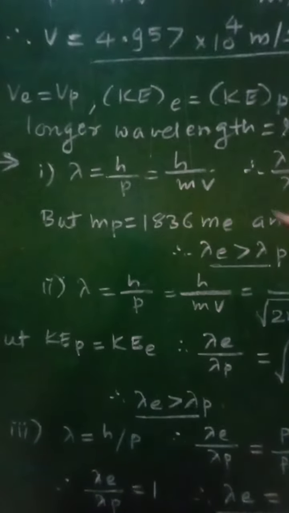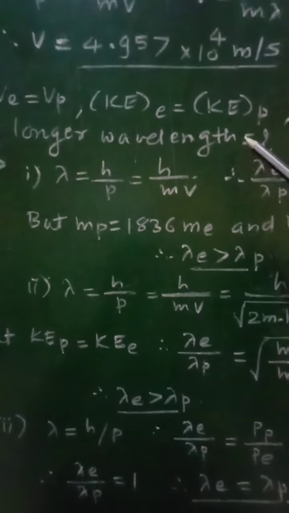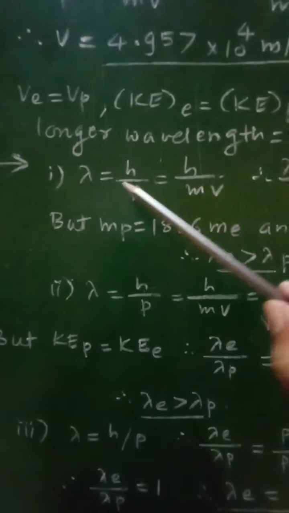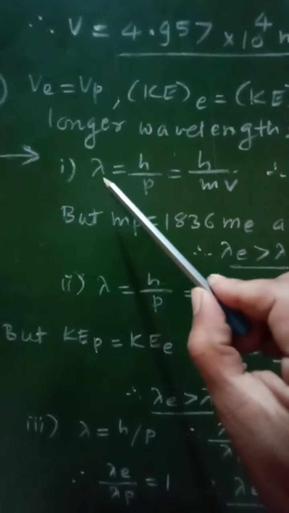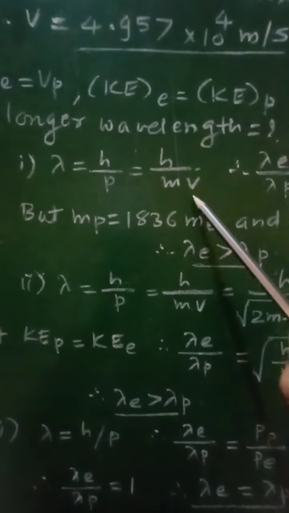So let us consider the first case. In this case, longer wavelength relation we will have to find out, and therefore first case, de Broglie wavelength lambda is equal to h by p, which will be written as h by mv.